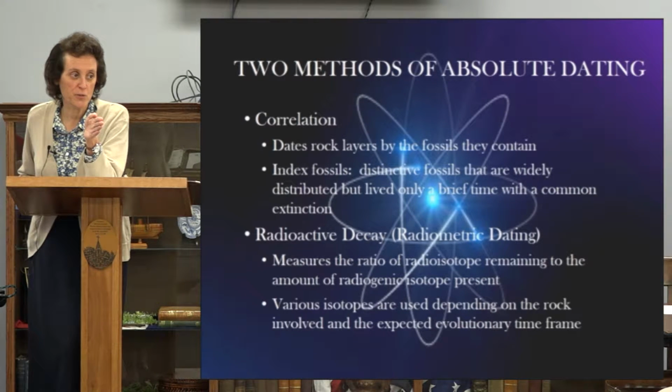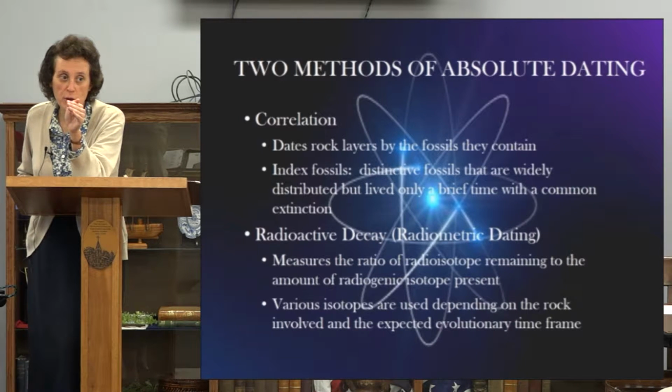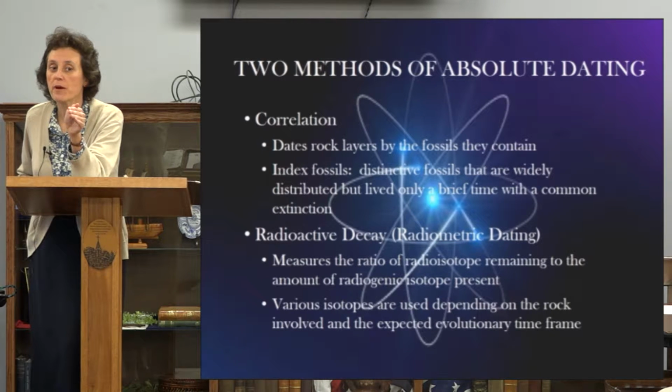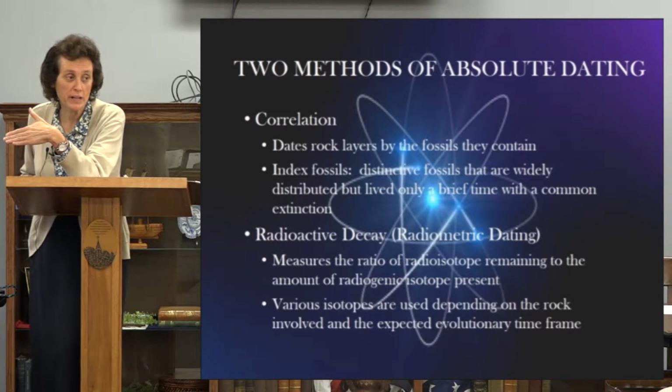Three things for you to write down about it and try to summarize what I've just said. The first thing is it's a comparison. We're going to draw a ratio. How much radioisotope, the original unstable, is left compared to how much of the daughter stable radiogenic isotope is there.